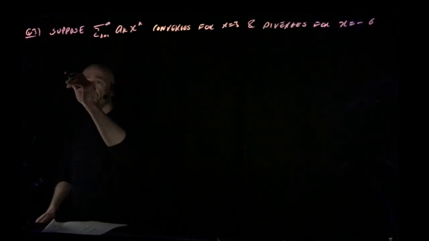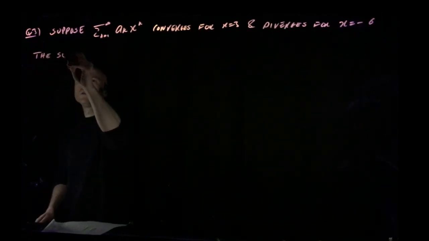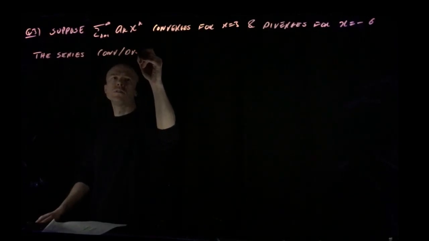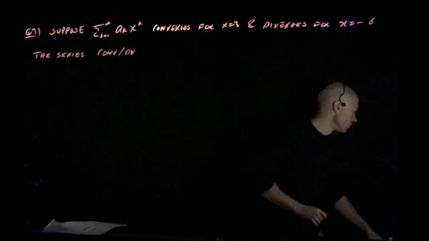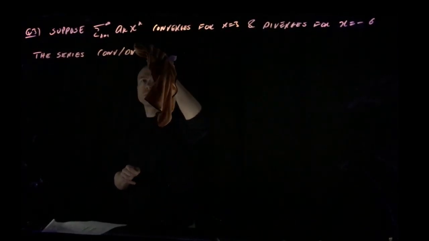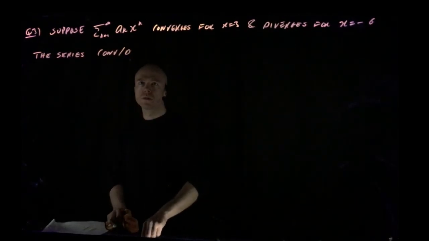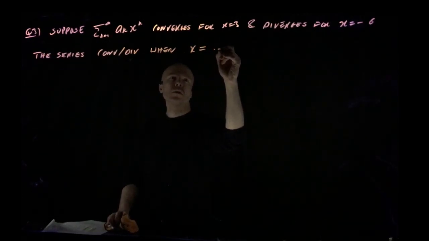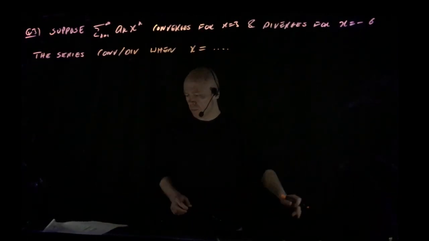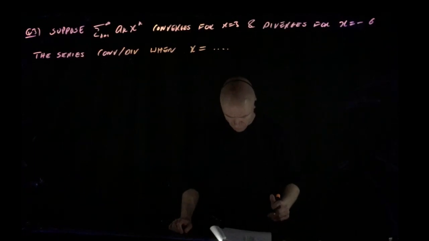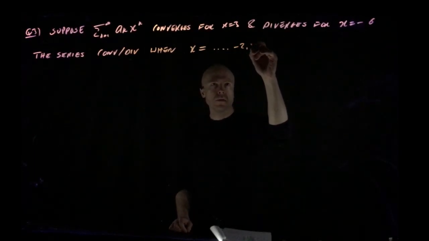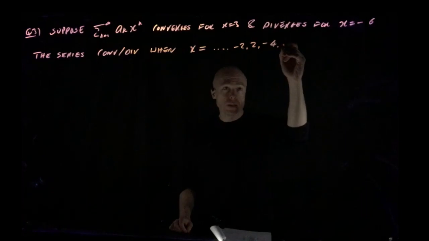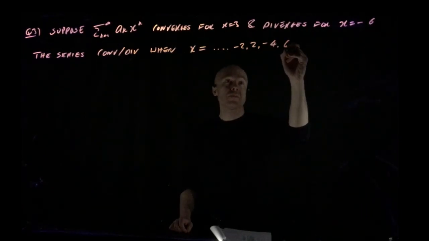So all the statements of the form: the series either converges or diverges when x is equal to, and then we have a bunch of different possibilities: minus 2, 2, minus 4, and then 6. No, both of them are minus 2. Sorry.